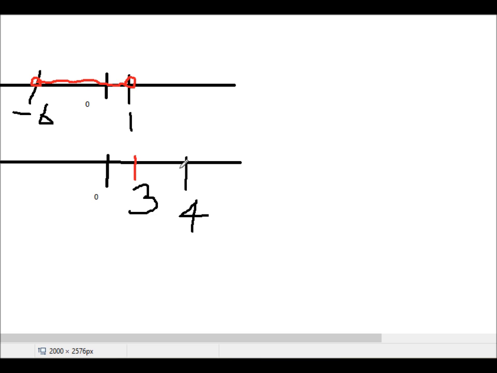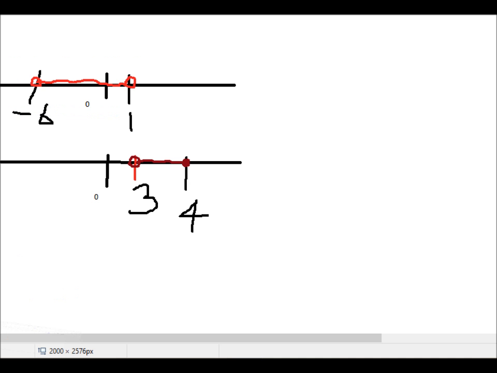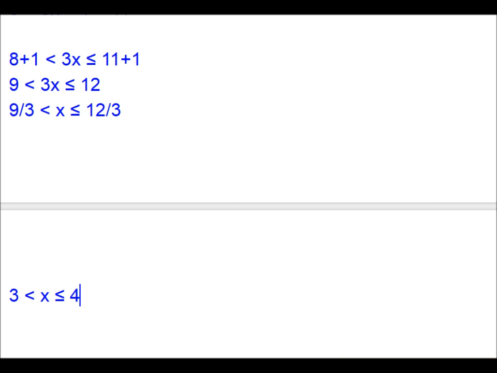So this is including 4, that means we are going to fill the dot, which will signify that it includes 4, and it does not include 3. So we will draw a circle, which will signify that it is not included in the solution. So x is greater than 3 and less than equal to 4. So this area is the solution for that particular inequality.